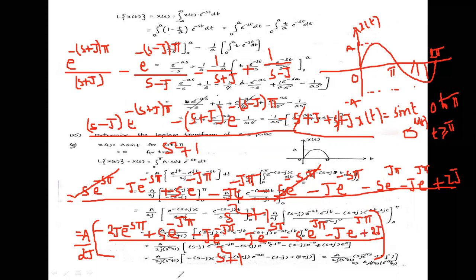So in this, again, you can take the common term a by 2j. See here the s e power minus j pi and j e power minus j pi. So these two terms, only the e power minus j pi is common. E power minus j pi.